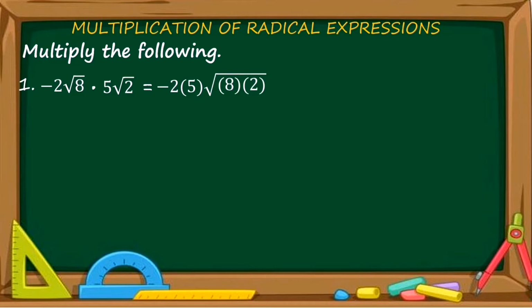Negative 2 times 5 is equal to negative 10. Square root of 8 times 2 is equal to the square root of 16. The square root of 16 is equal to 4. So our next step is negative 10 times 4. Finally, the product of negative 10 and 4 will give us negative 40. So our answer is negative 40.